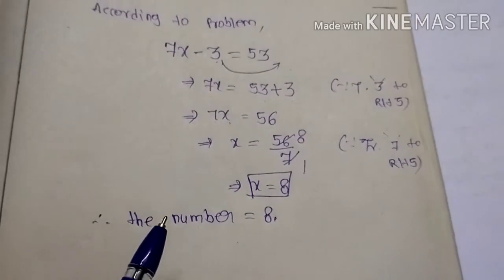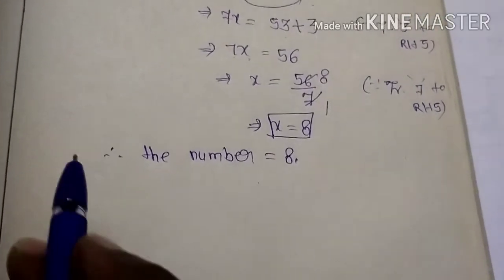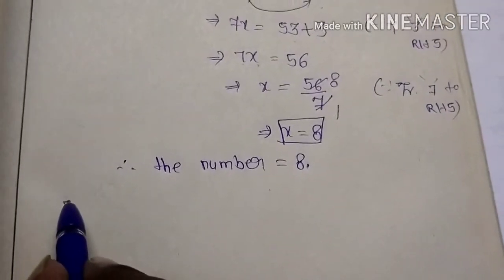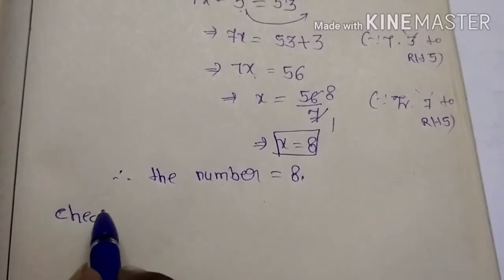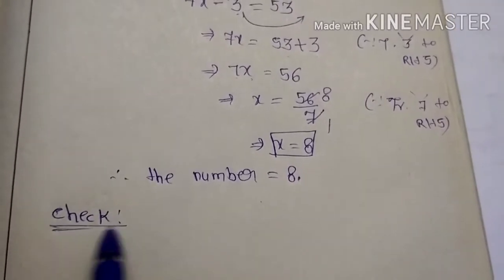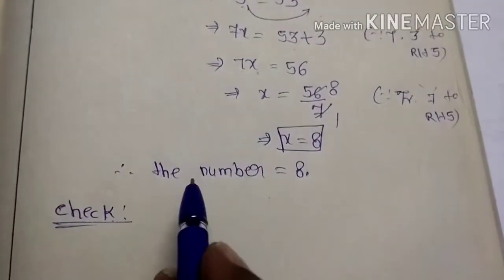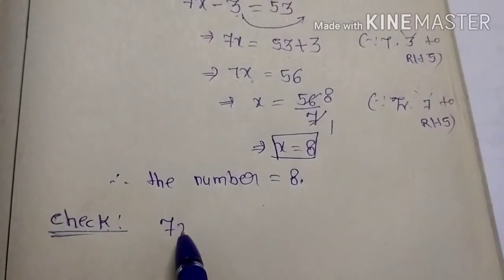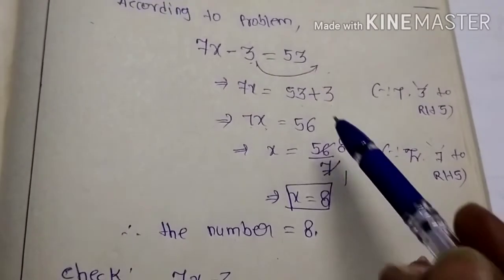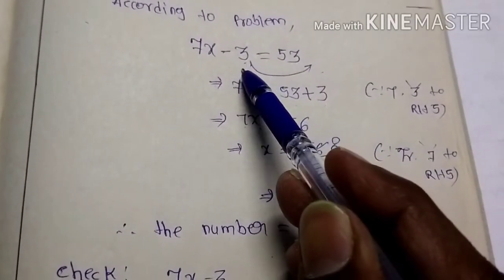But already you know that we need to check our result. Yes or no? Even though you are getting the correct answer, how can you check? By checking 7x minus 3. Just you need to see the LHS part.